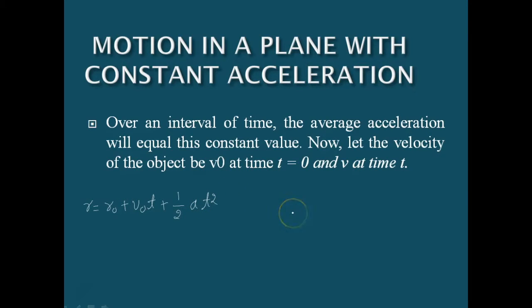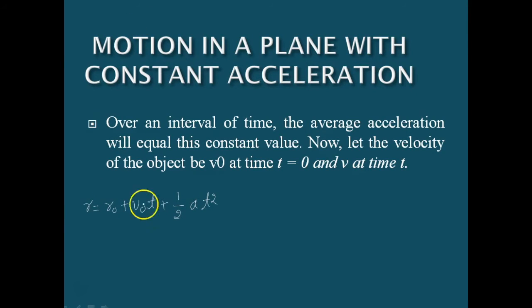It can be easily verified that the derivative of this position vector, dr/dt, gives the velocity, and the derivative again gives the acceleration a, that is (v − v0)/t. And it also satisfies the condition that at t = 0, r = r0.